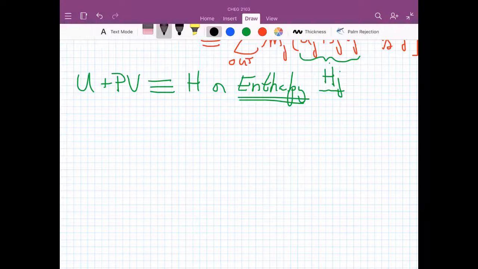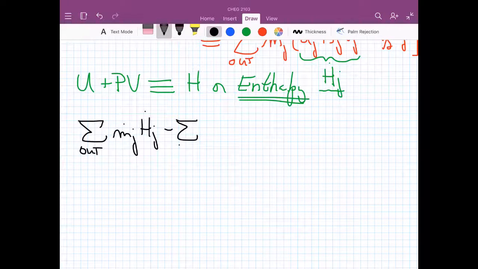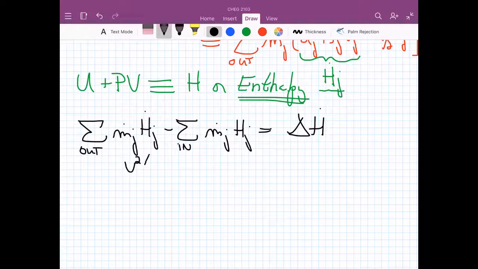So if I do a little bit of mathematical simplification and make some definitions, I can separate this out. The sum out of m dot j hj minus the sum in of m dot j hj, we're going to call delta H. I can do a similar thing for v squared j over 2, and call that delta EK, or the change in kinetic energy.